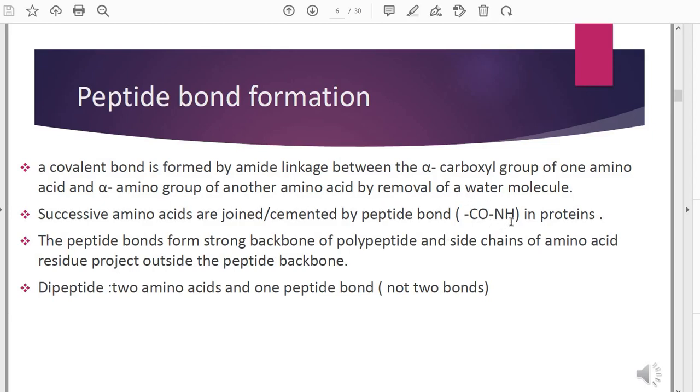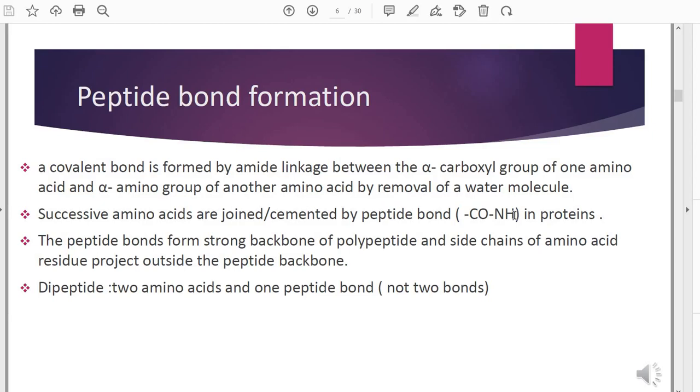This is what is called the peptide bond between the carboxylic group of one amino acid and the amino group of the adjacent or successive amino acid. It's a strong bond and forms a strong backbone of the polypeptide chain.